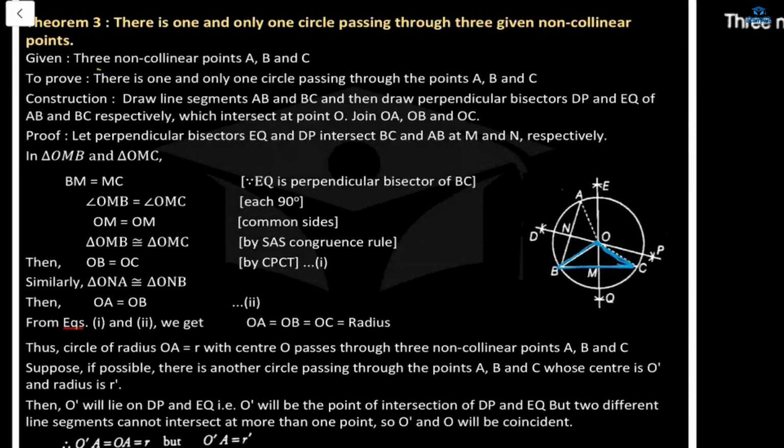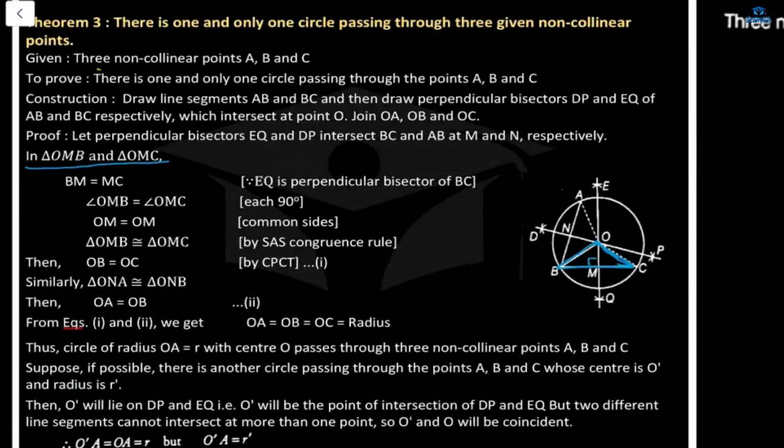In triangles OMB and OMC, OM is common. Since it is a perpendicular bisector, the angles on both sides will be 90 degrees. So angle OMB and angle OMC are equal to 90 degrees, and BM is equal to MC, because the perpendicular from the center to the chord bisects the chord, and we have already drawn the bisector.